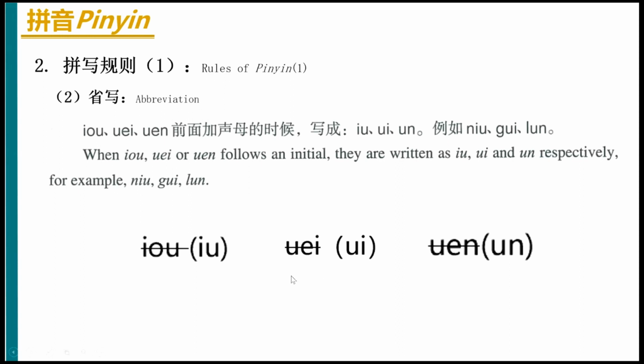When we are using it, the sound of these 3 syllables comes from the one I crossed off. But when we are writing it, we use the last one in these brackets. iu, ui, and un.